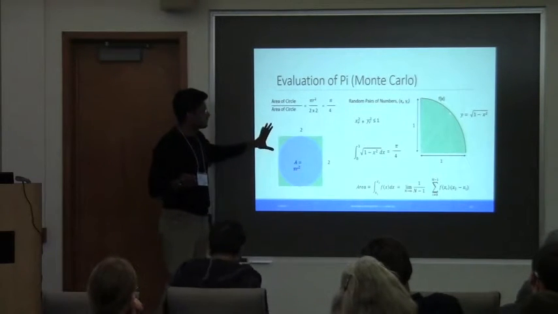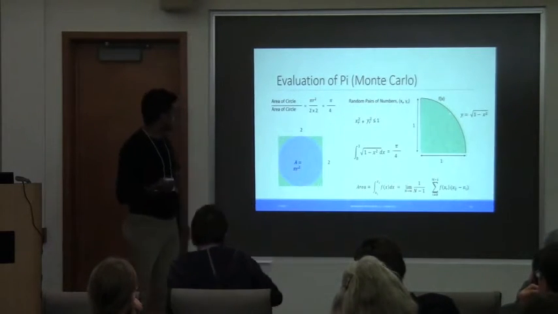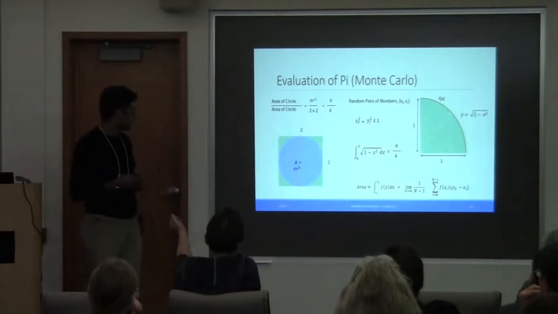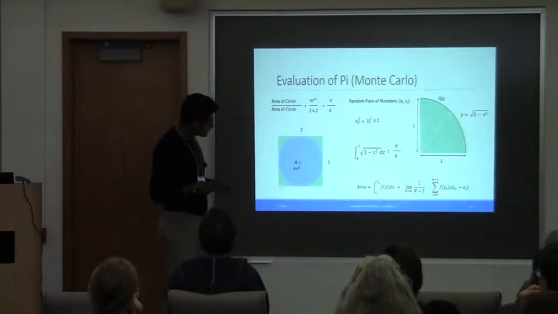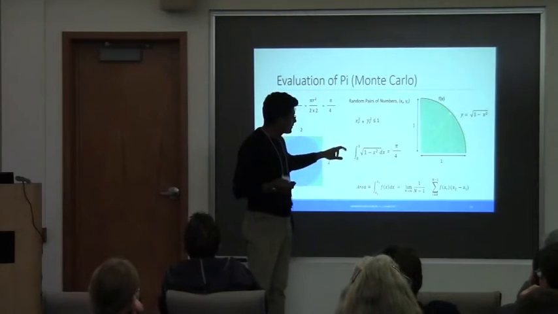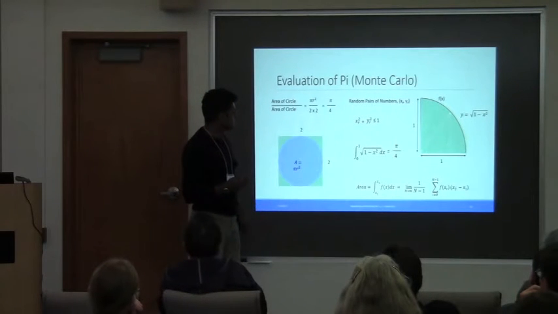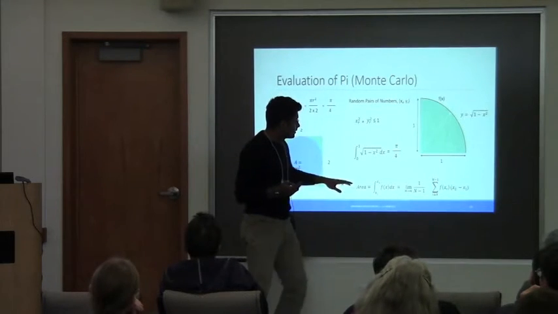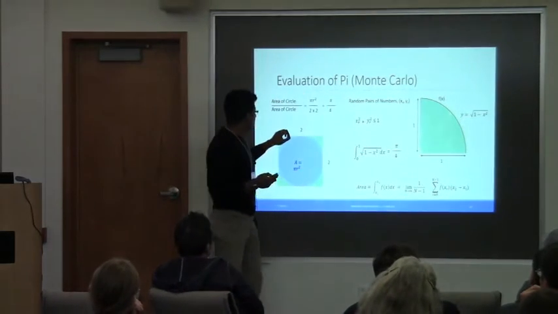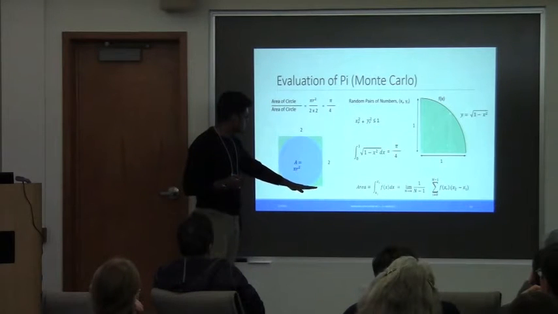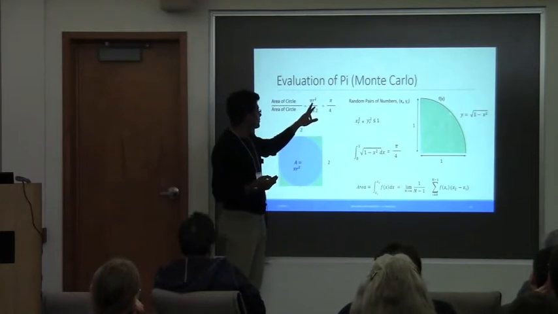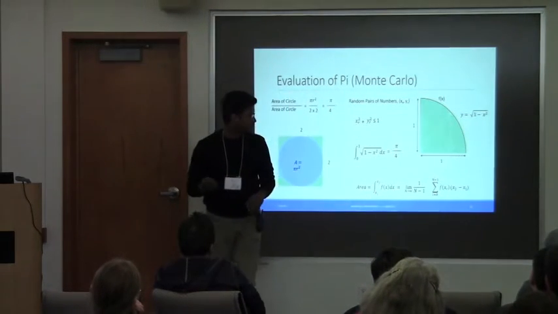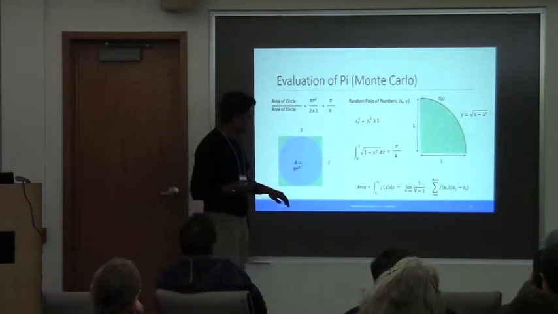To evaluate pi using Monte Carlo, you just have a circle fitted within a square, and I would use random numbers to figure out the area of a quadrant, for example. Here, if the side is 2, then the radius is 1, and the area of the quadrant will be pi by 4. So that's quite obvious. I will evaluate the first quadrant.